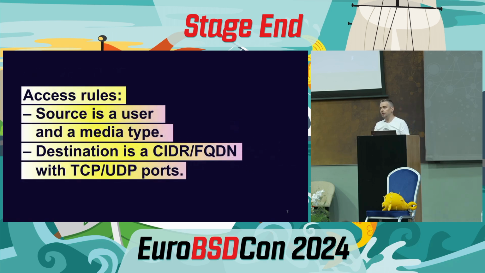An access rule for the dynamic firewall uses the user notation for the source, because initially we do not have any idea what the user IP addresses are. The destination is usual. It's a network prefix or a domain name for the service, either on the corporate network or on the net.